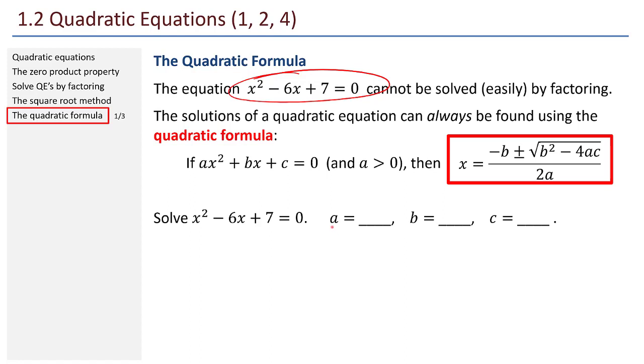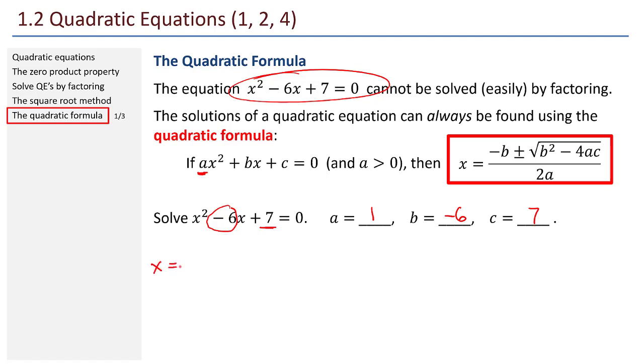In this case, a, that's my coefficient on x squared, is just 1. B, I take the negative with it, so that becomes negative 6. And c is the constant at the end. C is 7. Now let's put those numbers into our formula.